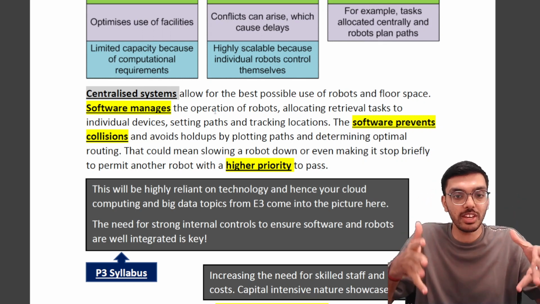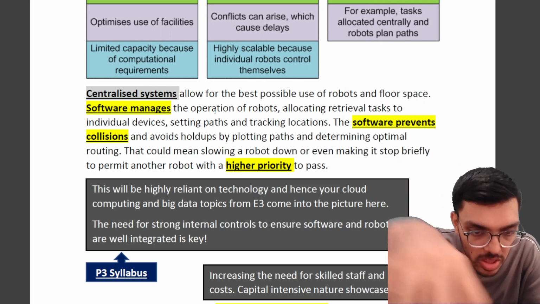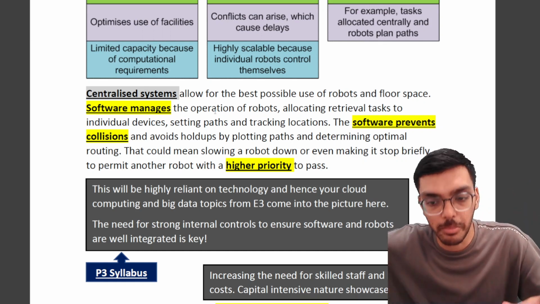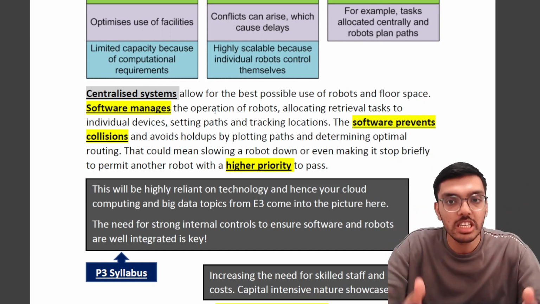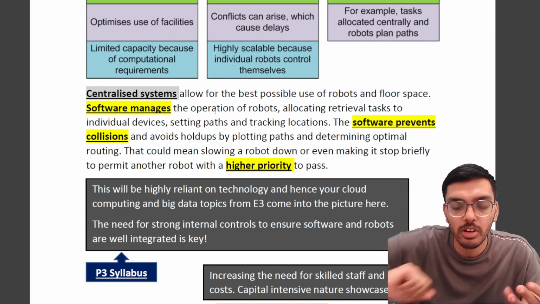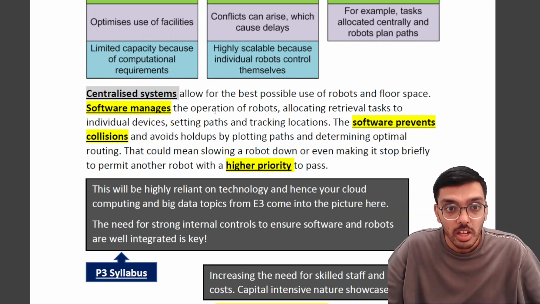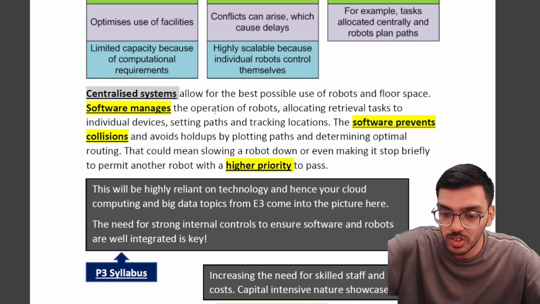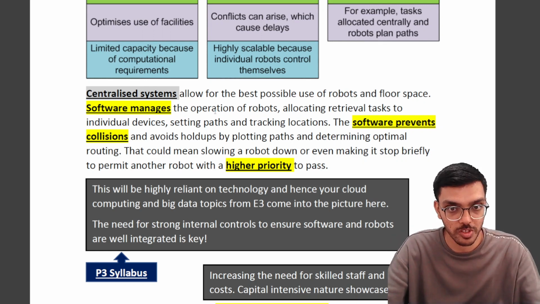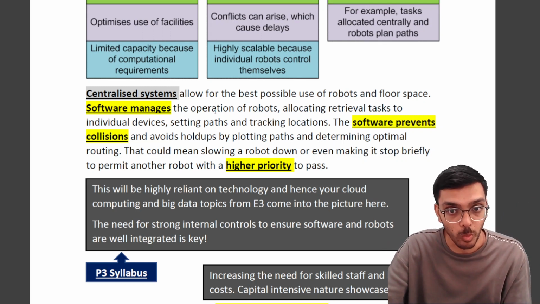So if you have one centralized system where everything is being run, for example, 10 different linear route robots on one centralized system, it's so much easier because you can use robots and the entire floor space, and everything is on one system.